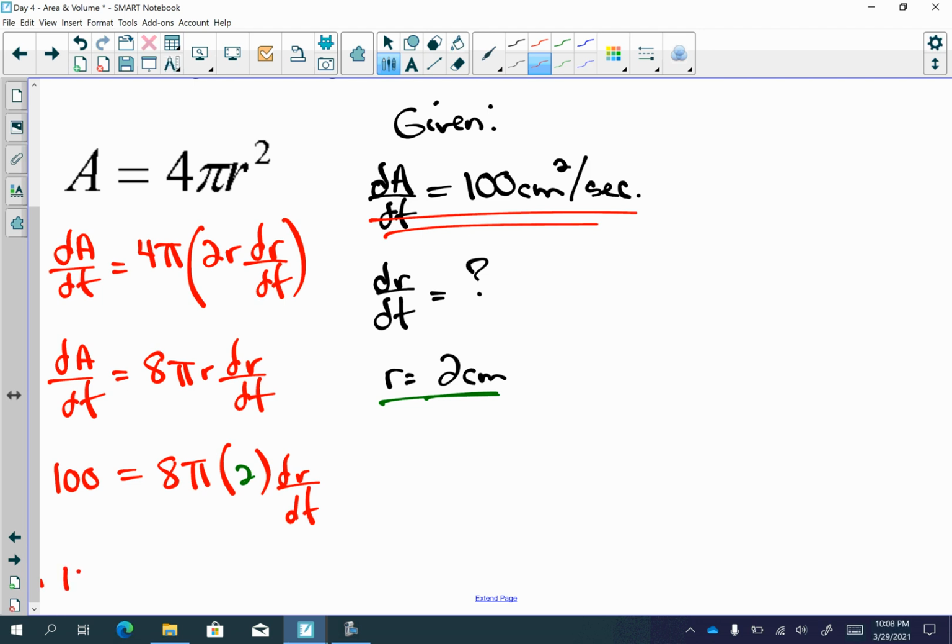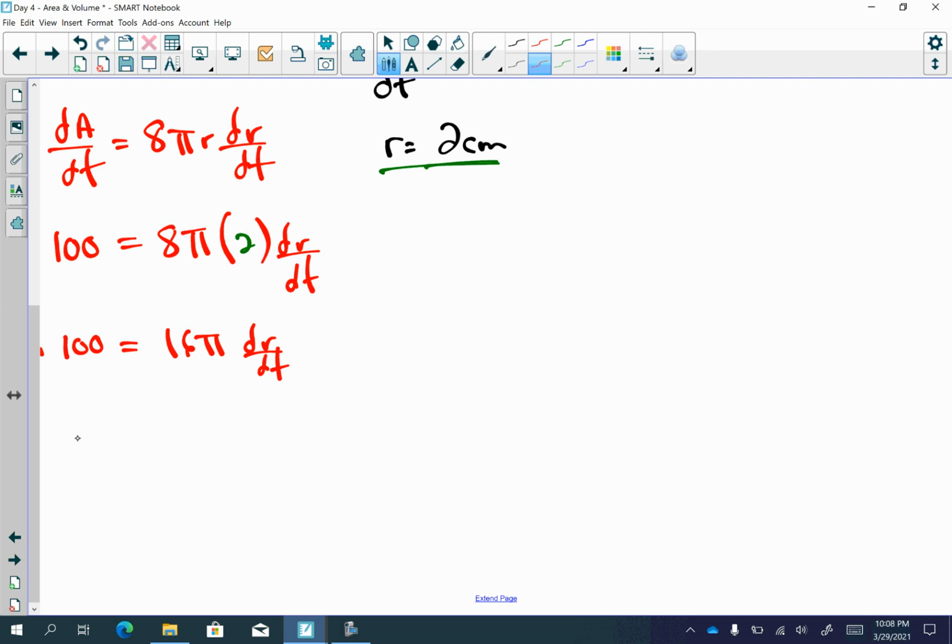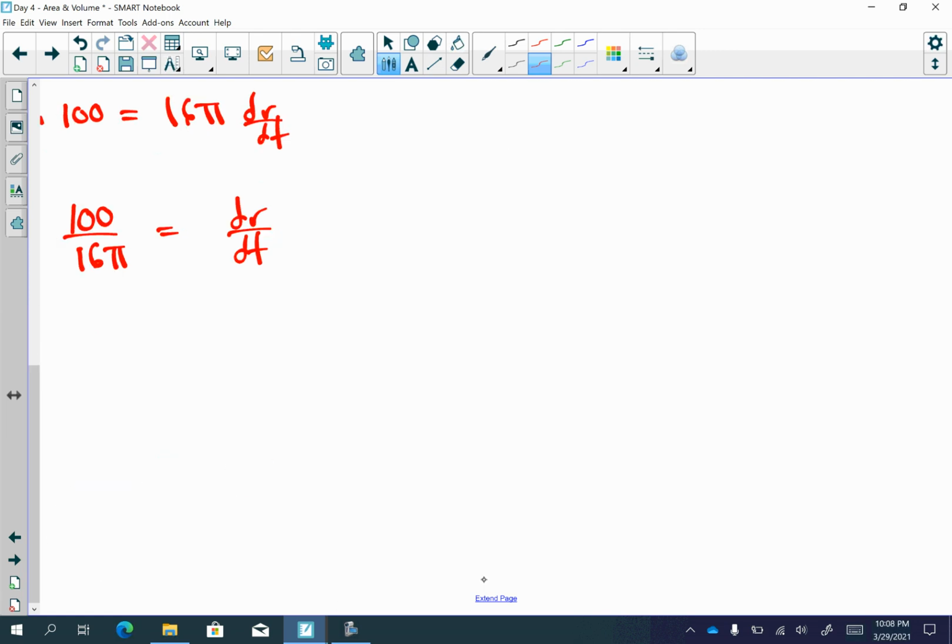So this is 100 equal to 16 pi times dr over dt. Divide both sides by 16 pi, you'd get 100 over 16 pi. As an exact value, you could reduce that. Divide them both by 4, 25 over 4 pi.